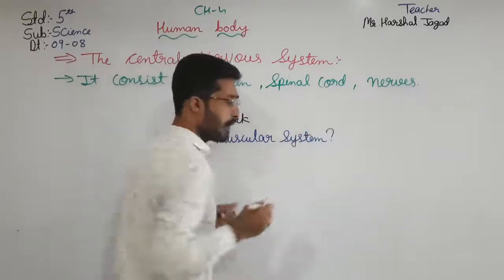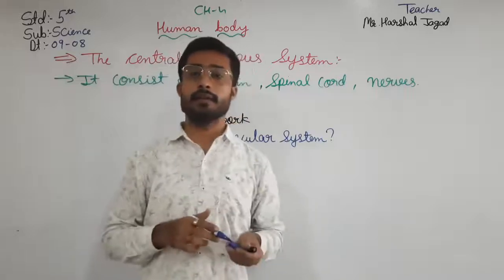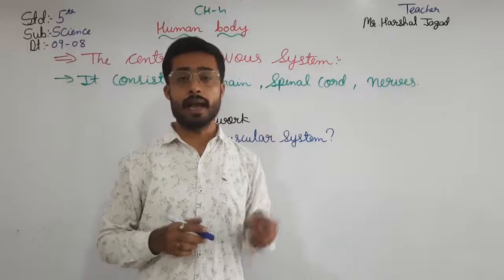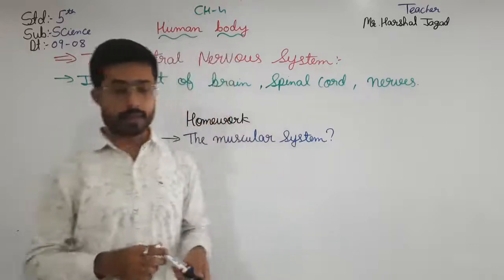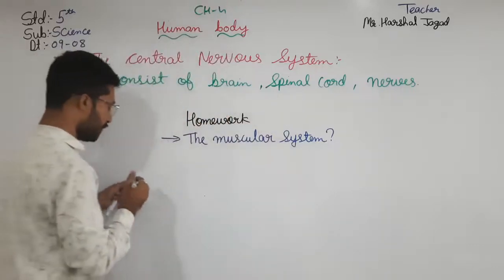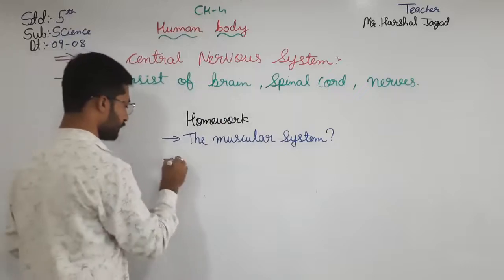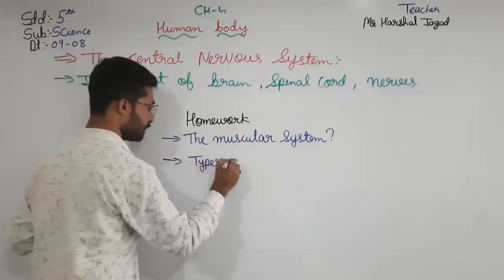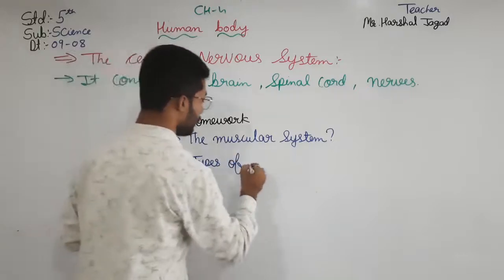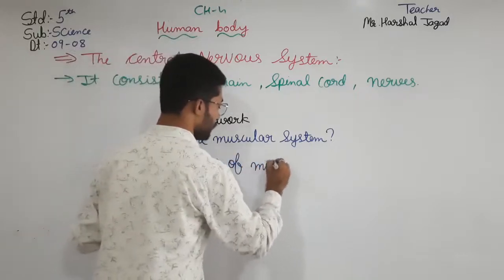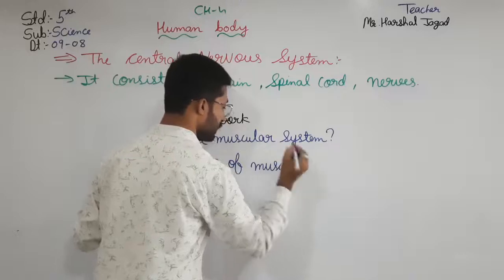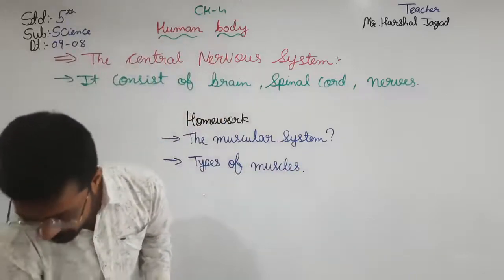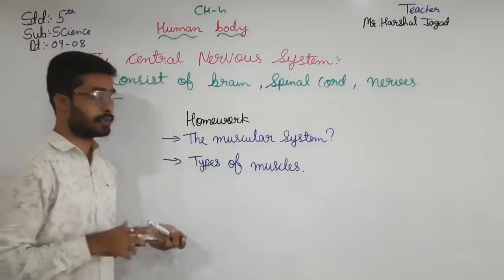Firstly you have to write down the muscular system, what it is, what it consists of, and other things, and then types of muscles. Then after that, the central nervous system.